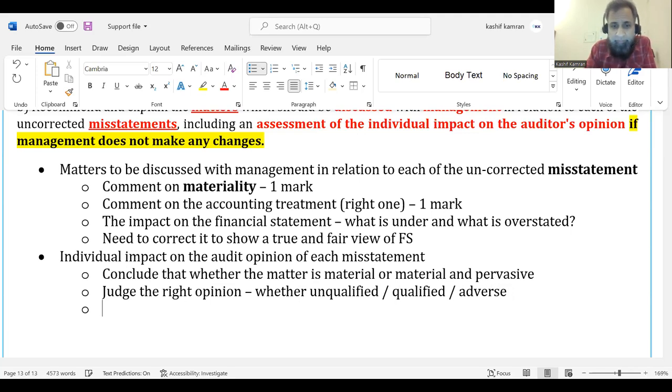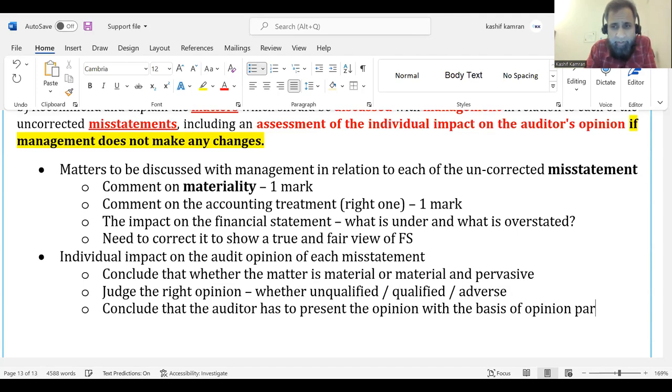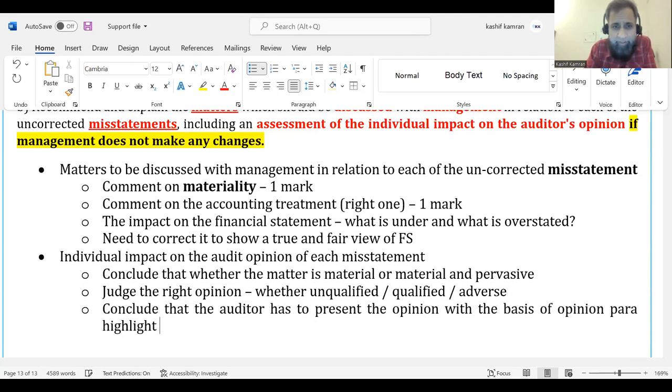Judge the right opinion, and conclude that the auditor has to present the opinion with the basis of opinion paragraph, highlighting the issue in the basis of opinion paragraph.